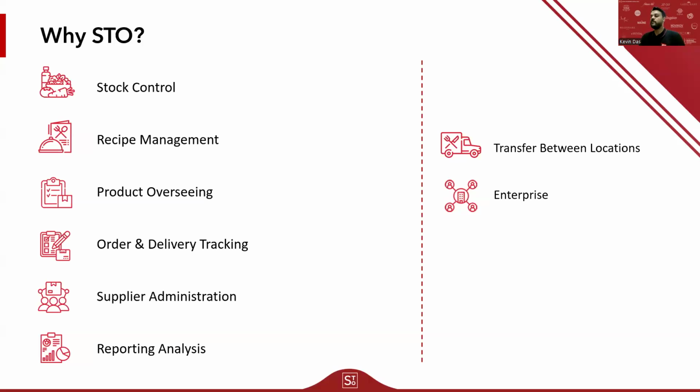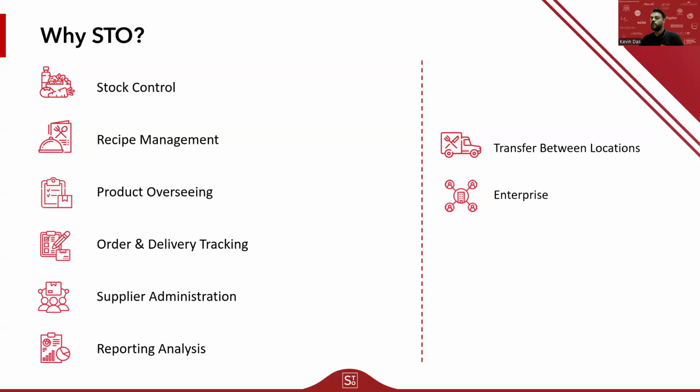Then we have supplier administration, where we can easily analyze our suppliers based on factors like spending and purchased quantity from them, without having to go back and forth checking logbooks.